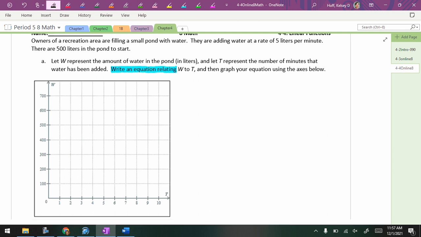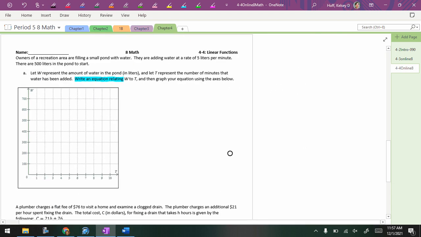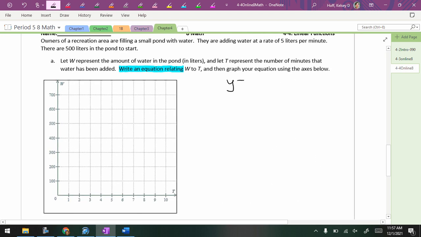The equation we're going to base things off of is y equals mx plus b. Remind me, what does m stand for? Slope. And remember, your slope is a rate of change, or something that happens over and over.